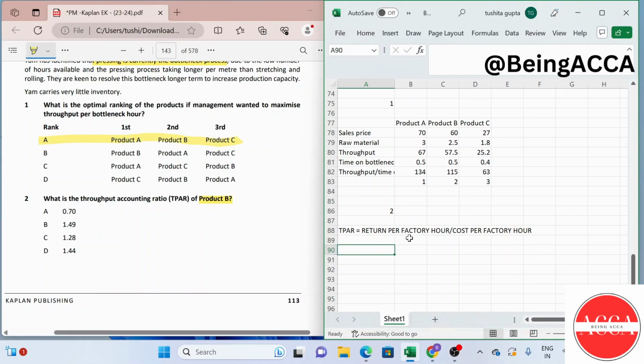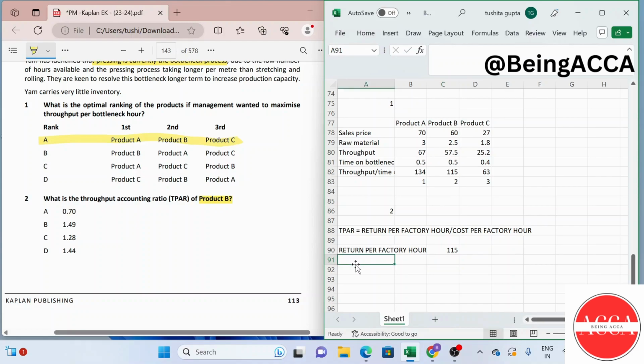Let's first find out the return per factory hour, which is our numerator. So this will be how much is our throughput per meter. Mind you, we are calculating for product B. So our throughput per meter is 57.5 and then the time on the bottleneck is 0.5. So this is my return per factory hour.